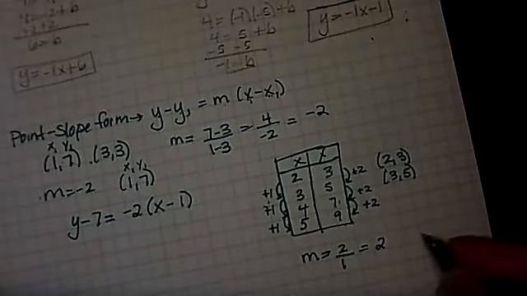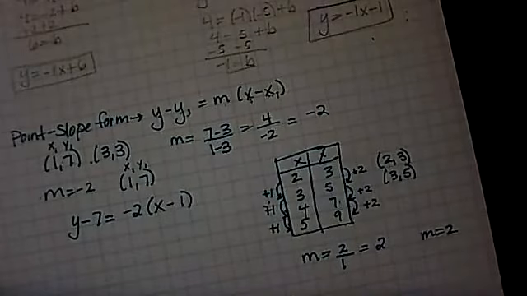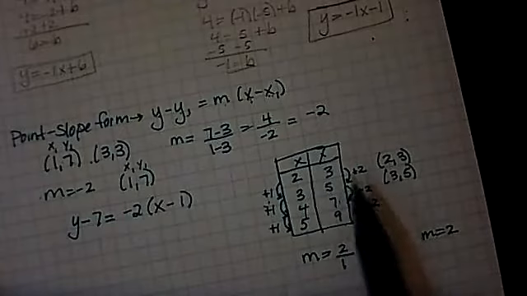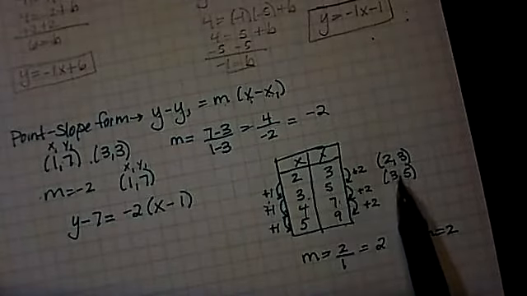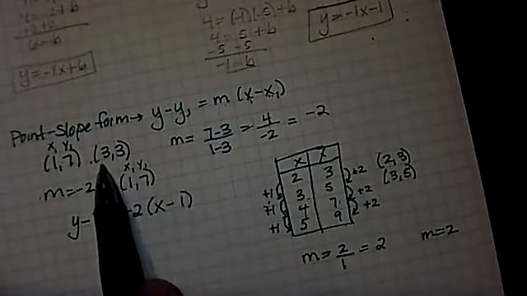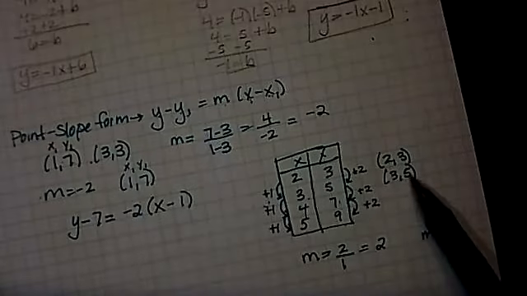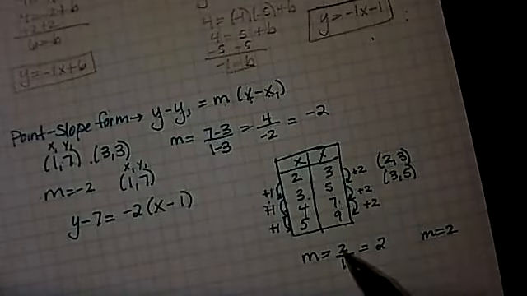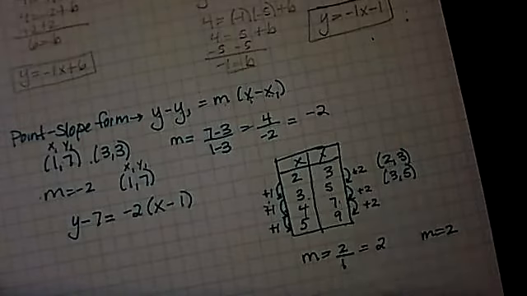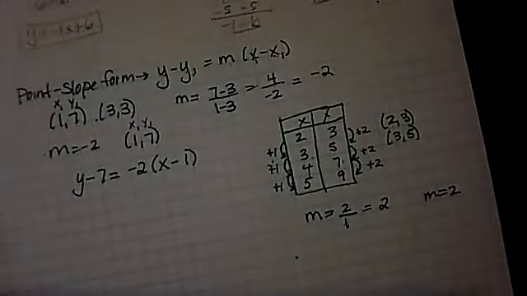So I know that m equals 2. Now, if you didn't really understand that, and you don't want to do that, just pick any two ordered pairs and use the slope formula. You would take 5 minus 3, which is 2, over 3 minus 2, which is 1. So you're going to get the same answer. It's just a different way to look at it if you have a table.